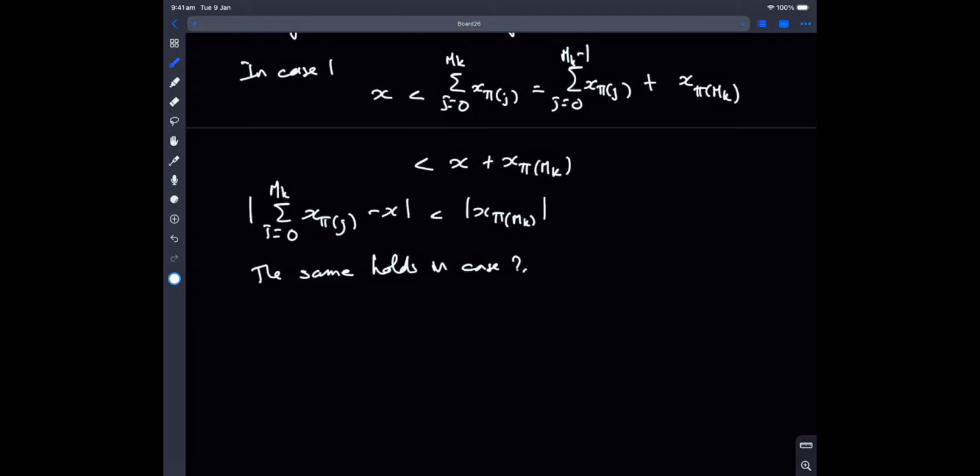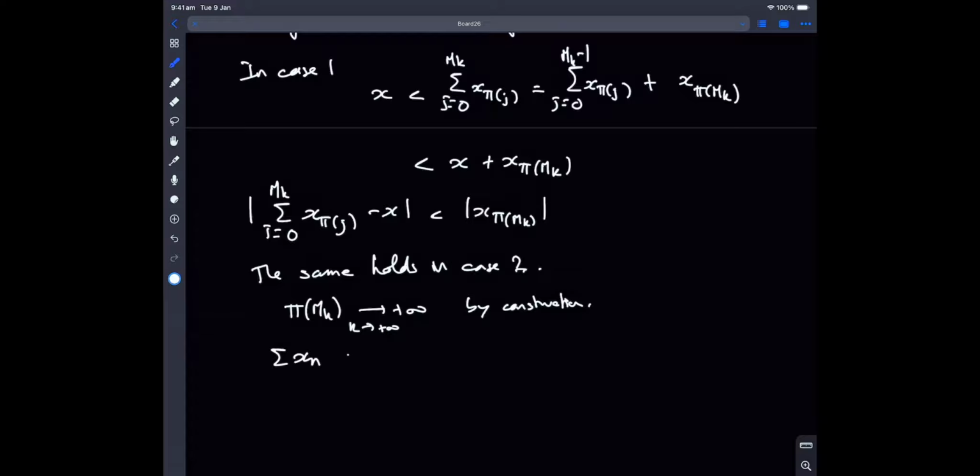Right, but what can I say about x of pi of m_k? Now remember that by construction, pi of m_k tends to plus infinity. We just kept it increasing and we have infinitely many choices. All right, so this has to increase to infinity.